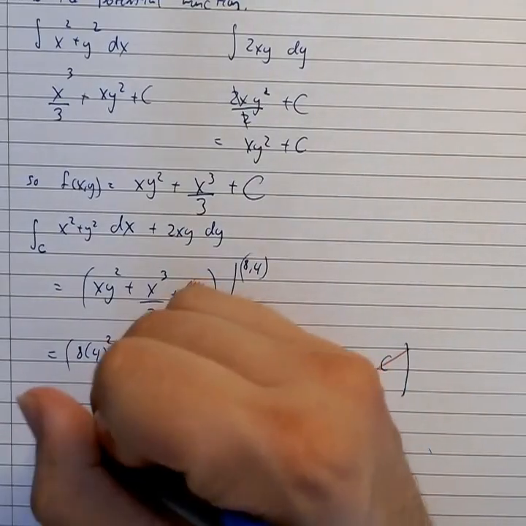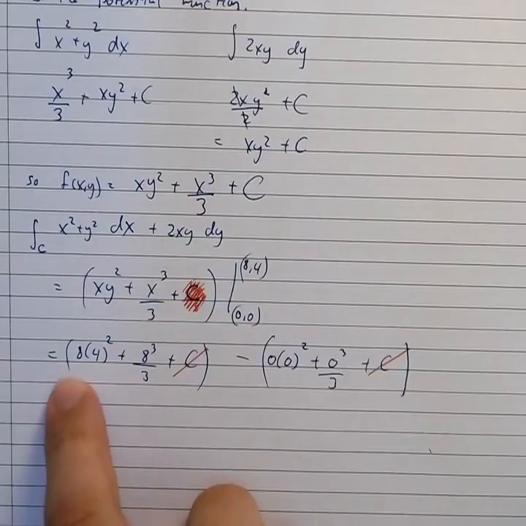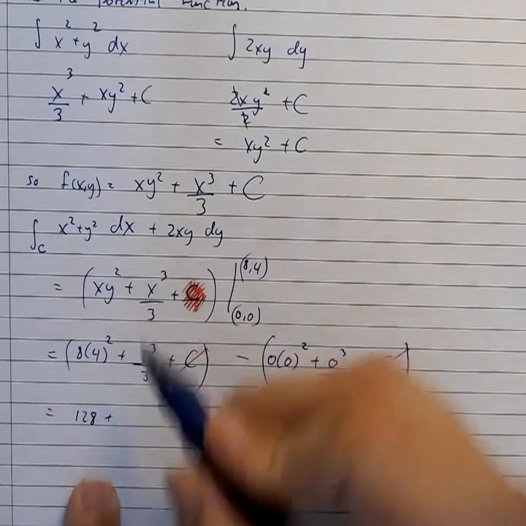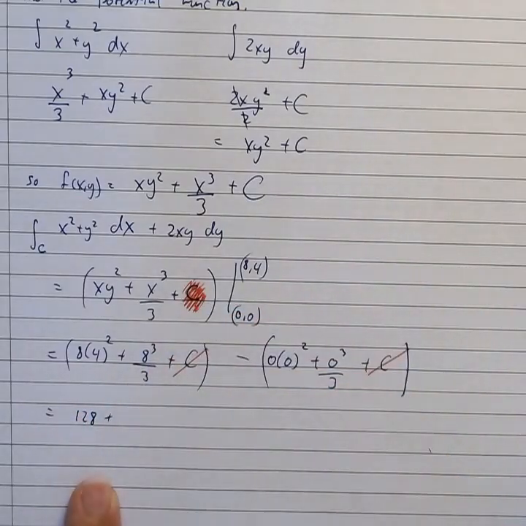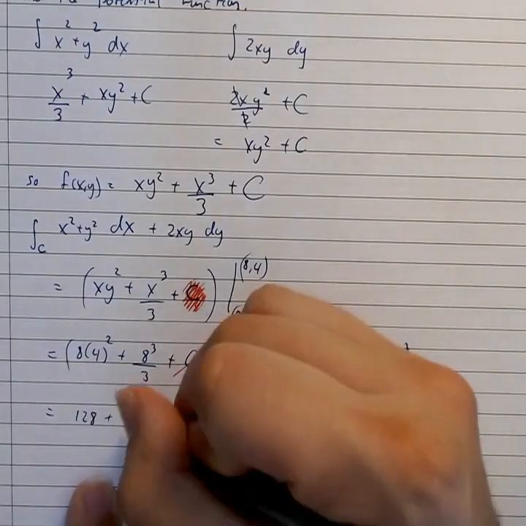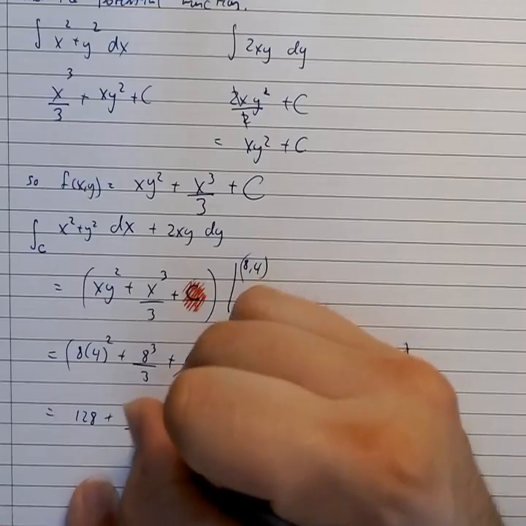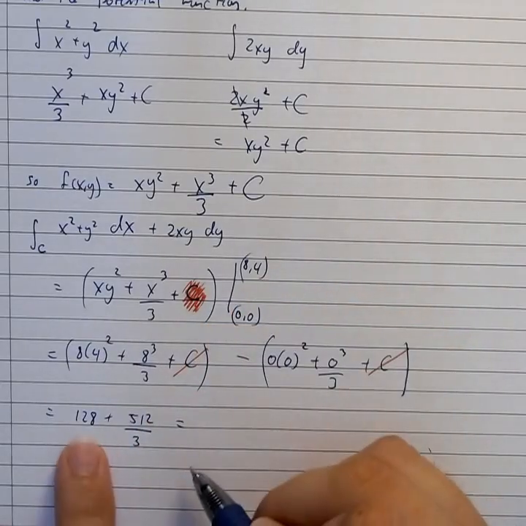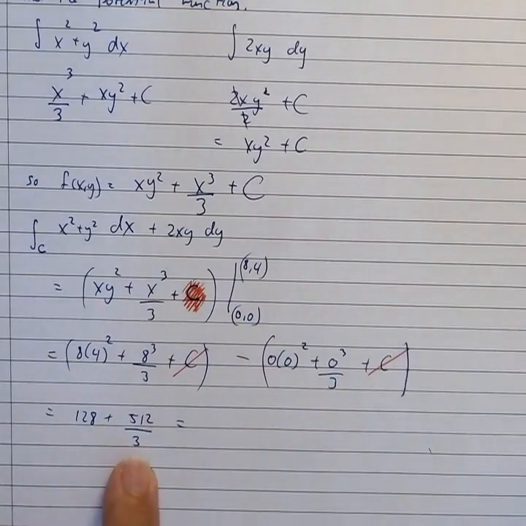And so our result will be, let's see, 16 times 8 is 128, plus 8 to the third, that's 512 over 3. Actually, can I divide that by 3? Oh, no, I can't. That's a power of 2.